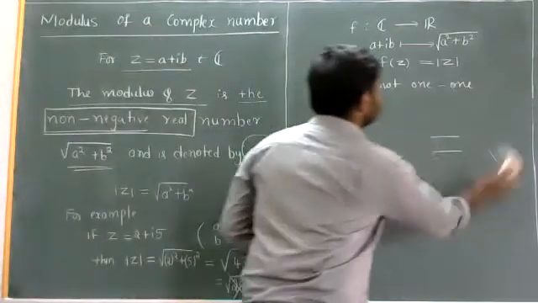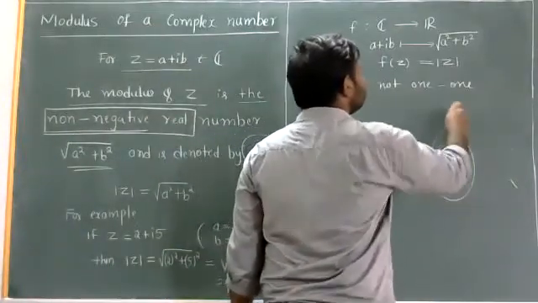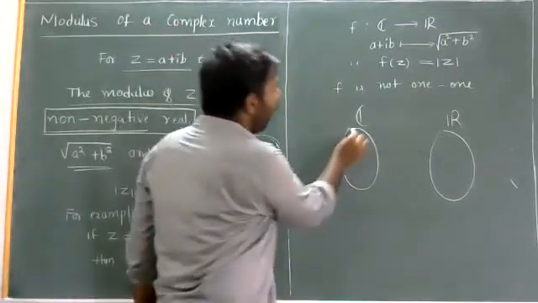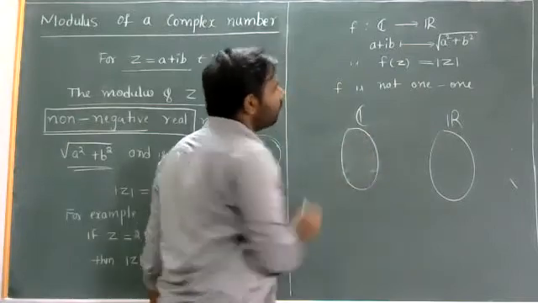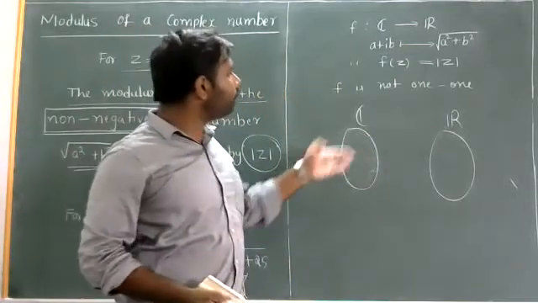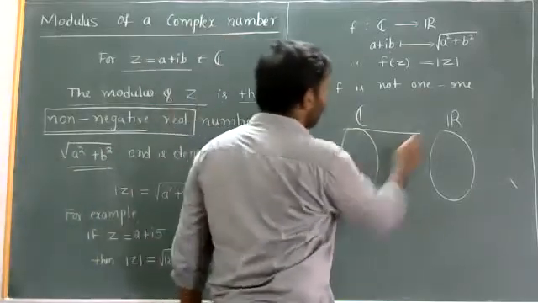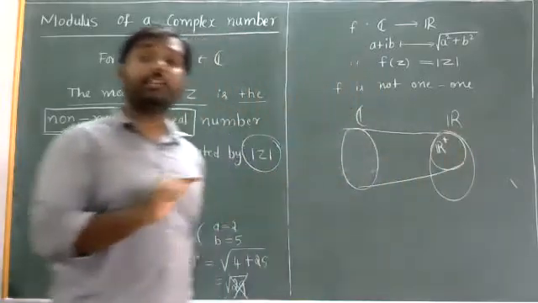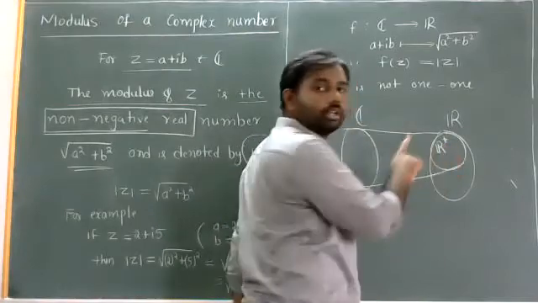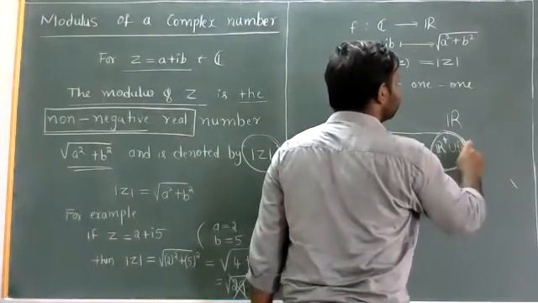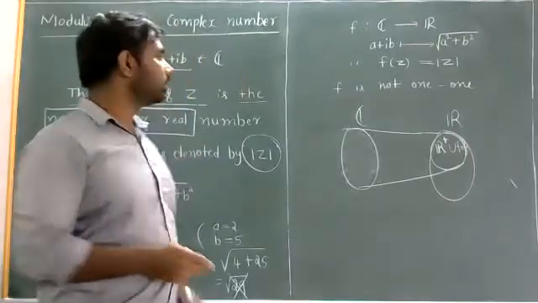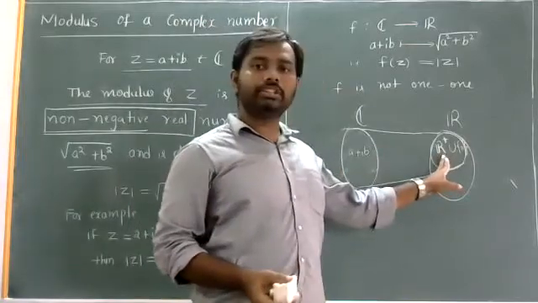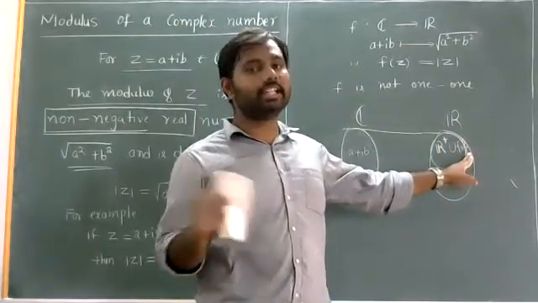So what is the codomain? It is the whole real number system, and the domain is C, all the complex numbers. So the moduli of all complex numbers are carried only to non-negative real numbers. R plus means only positive reals, non-negative means you have to add 0 also. If we calculate the modulus of any complex number, it is always a positive number or 0.